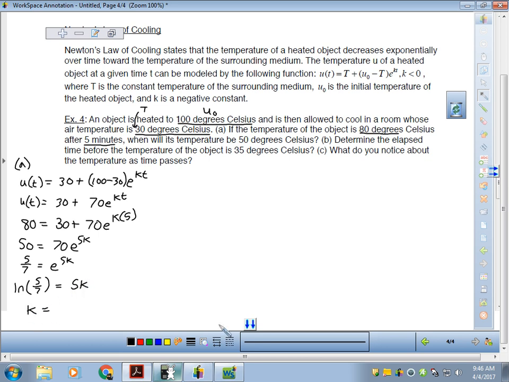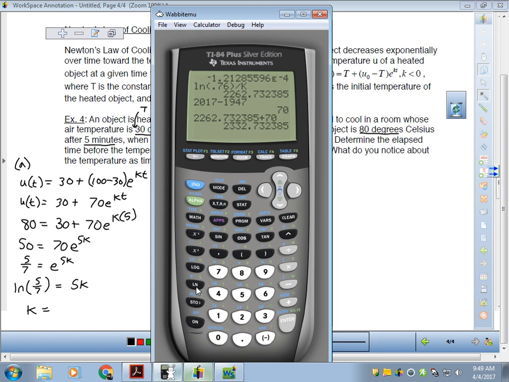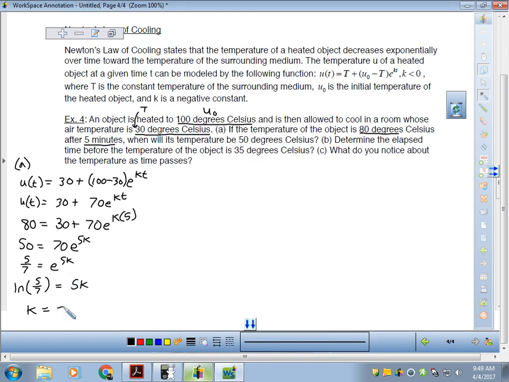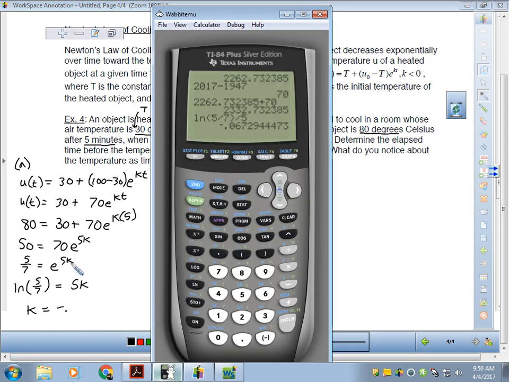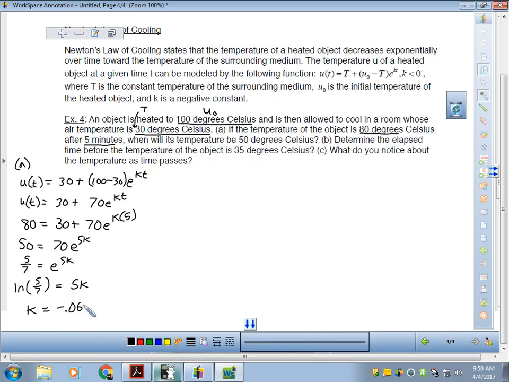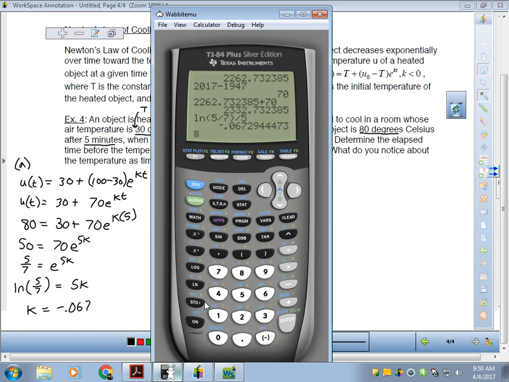And then divide by 5 to get your k. So natural log of 5/7 divided by 5. There's my k, negative 0.067. And again, I am going to store that into the letter k, so that I have it in there, and I can verify that it's actually in there.